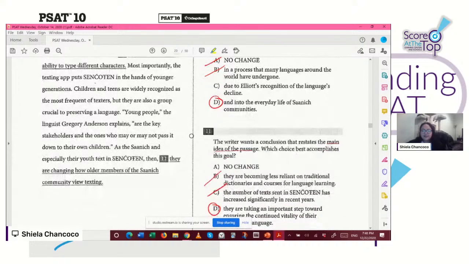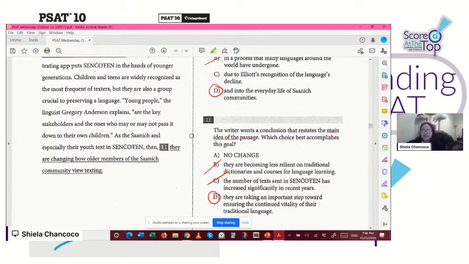So 11, the writer wants a conclusion that restates the main idea of the passage. Okay, with this one always try to see what's the main idea. What did you read, right? So this is a good time for you to actually read the passage, not just read until you see a question, right? Read throughout. Read the whole passage, even if it's a slight fast reading where you're not absorbing all the information.